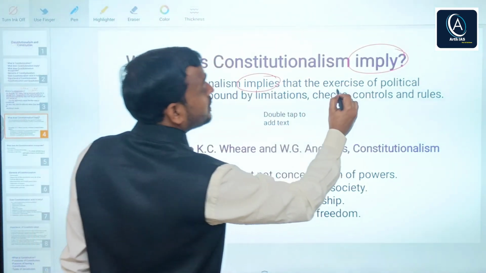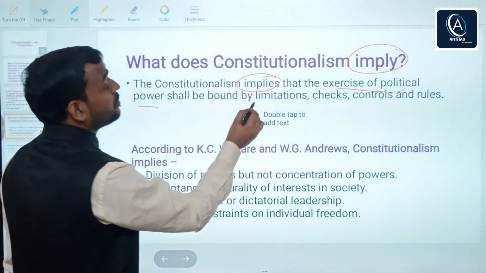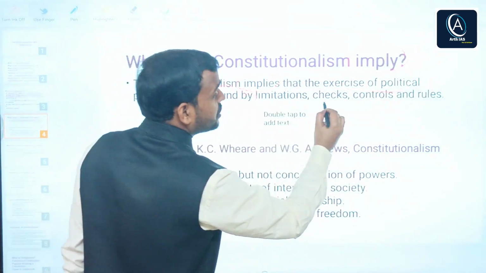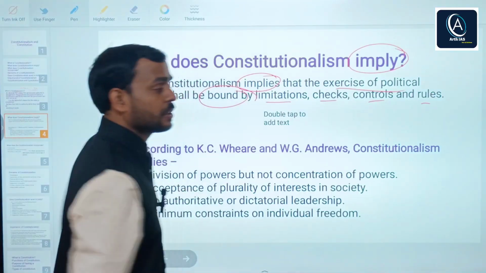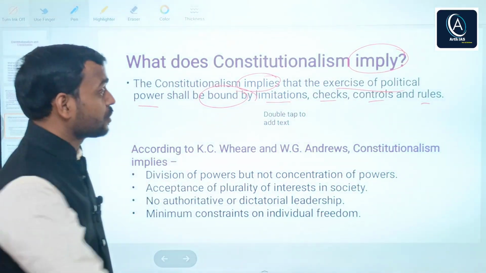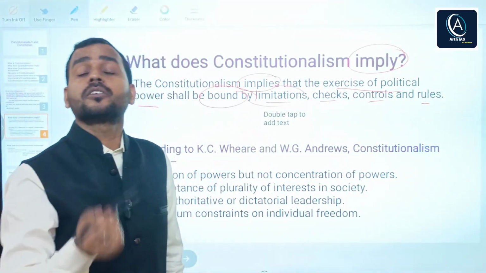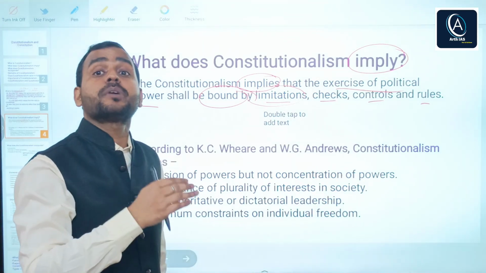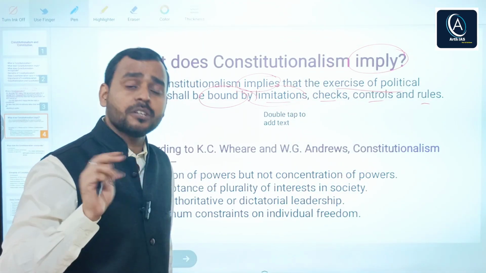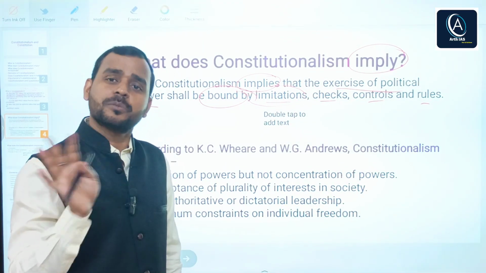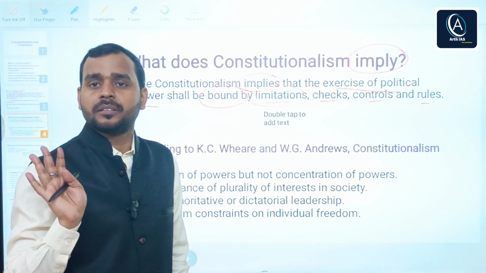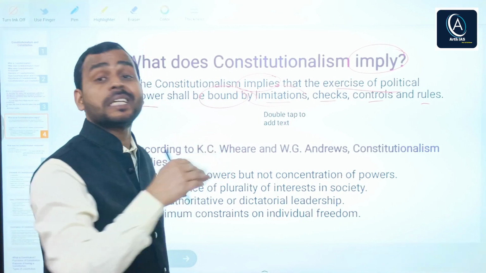It implies that the exercise of political power shall be bound by limitations, checks, controls and rules. Bound by limitation. For example, the constitution provides limitations to all three organs of the state: legislature, executive, judiciary. Their roles have been clearly defined. So these are nothing but limitations.